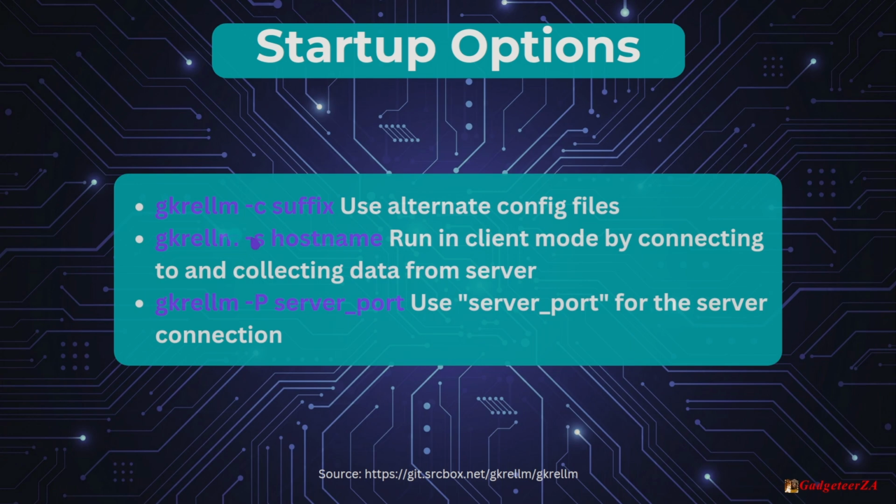And the next two options here are interesting, the -s and the -p, small letter s and a capital letter P, because you can also run GKrellM on one machine and have that basically be a server. It could be another desktop computer on your LAN at home, on your home network. Then on your main machine where you want to monitor from, you will fire up your GKrellM -s and use that IP address as the host name, or possibly if it's on the internet.